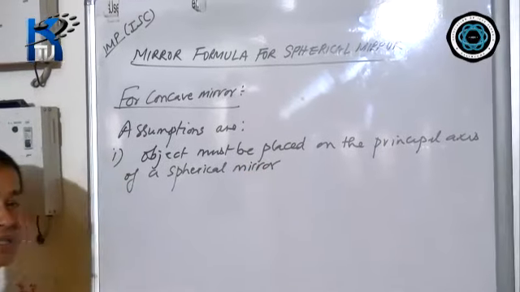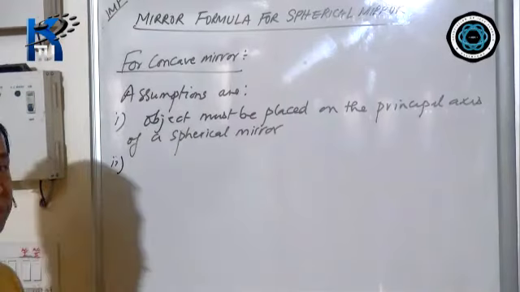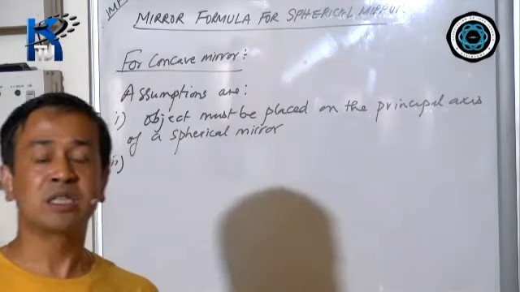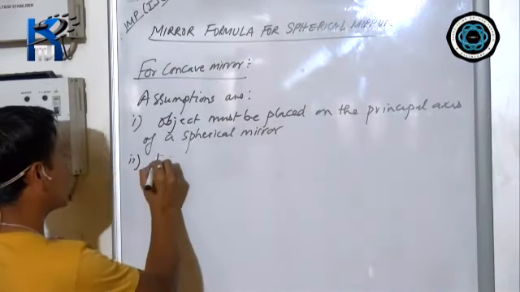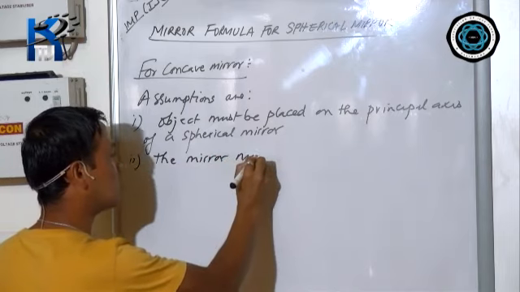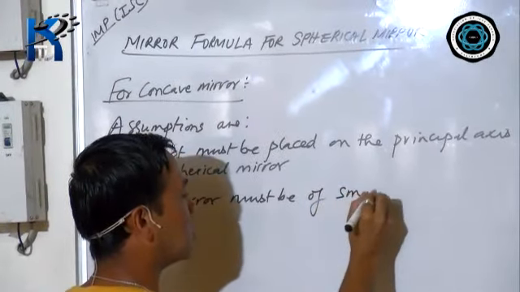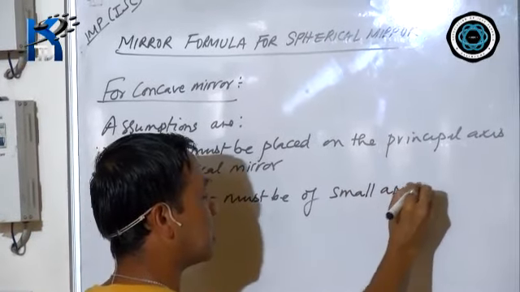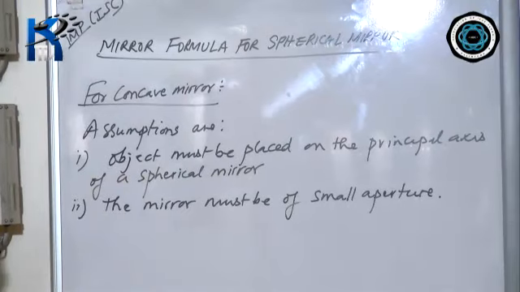Sometimes you will be asked this in the ISC also. The number two assumption is, when we derive the formula, we take a spherical mirror of small aperture. That means the mirror must be of small aperture, having a small diameter. So this is another assumption.